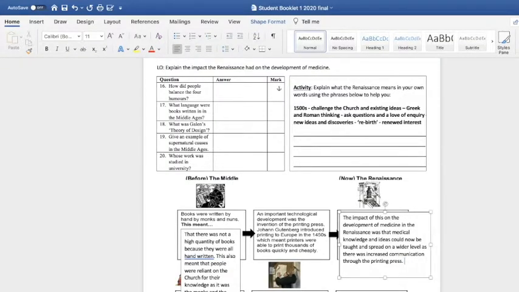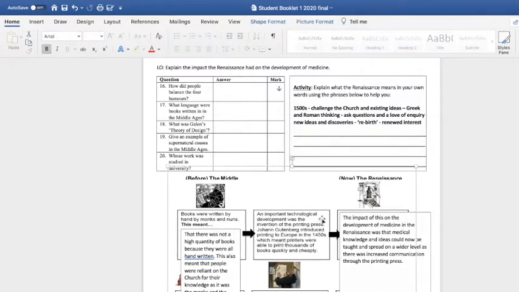You also need to really make sure in these boxes that you're thinking about how might this improve medicine, because obviously we don't know yet as we're studying it. Especially if you're struggling to explain the impact, literally just think, how might this thing that's being explained in this middle column improve medicine?